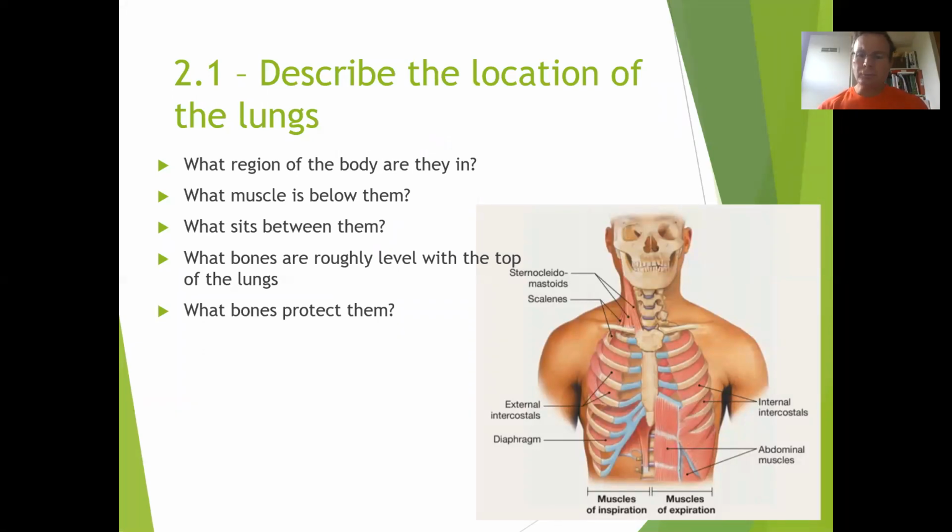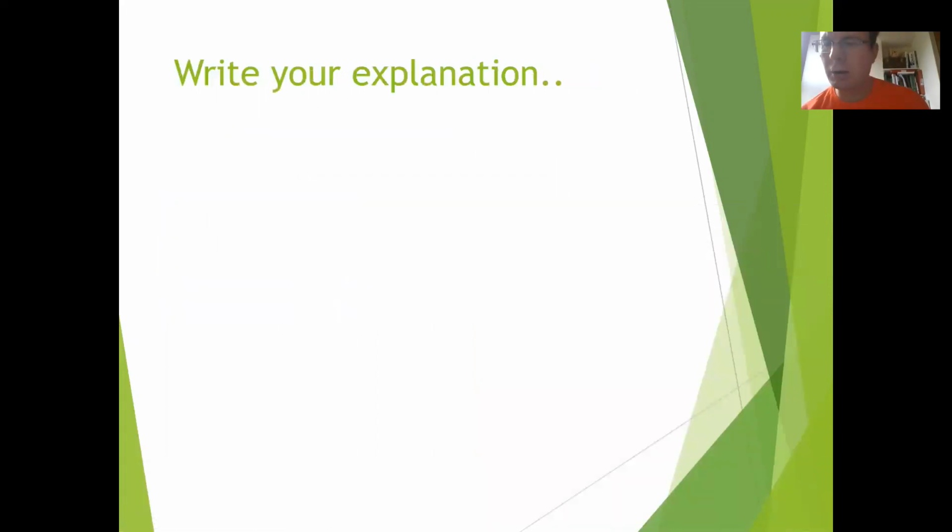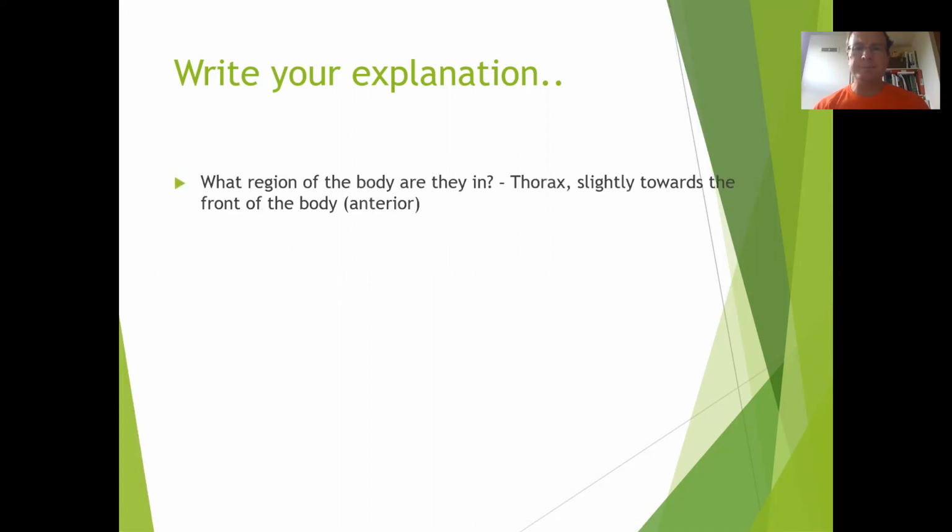You're going to do something for me now. You're going to fill in a little bit of your workbook, but we've got most of the information that we need, so you shouldn't really need to look at your instruction manual. You're going to tell me what region of the body the lungs are in: the lungs are located in the thorax. They sit slightly toward the front of the body in the chest.